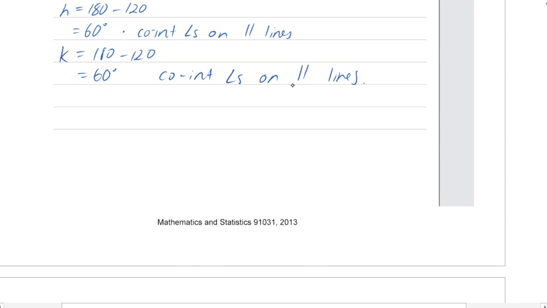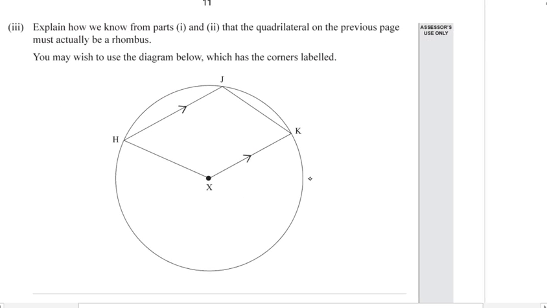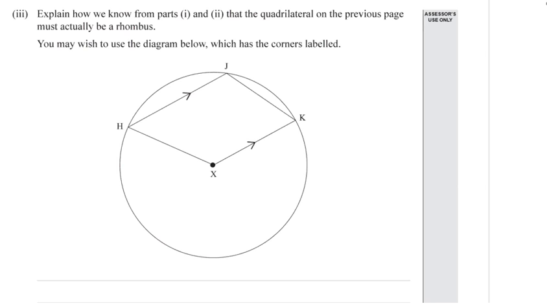Okay, so they're really flogging this question to death here, but explain how we know from parts 1 and 2 that the quadrilateral on the previous page must actually be a rhombus. You may wish to use the angle below. What are some properties of rhombuses? What is a rhombus? A rhombus has the property that all the sides are the same length, and all the opposite angles are also equal to one another.